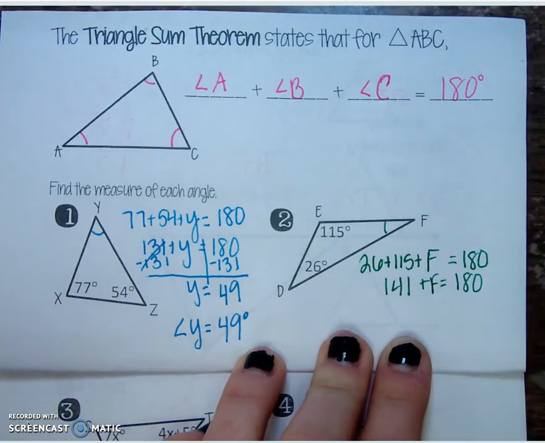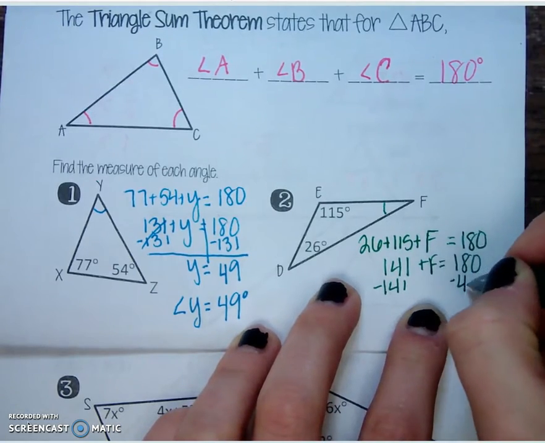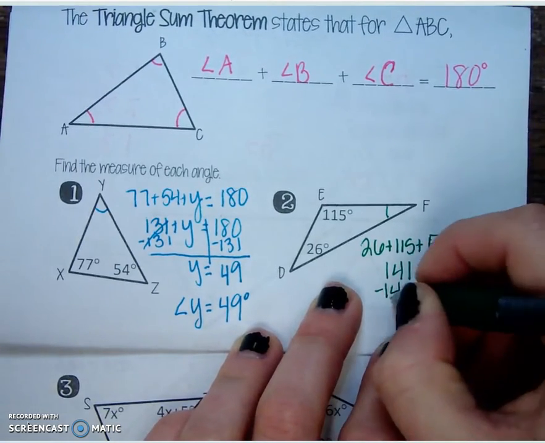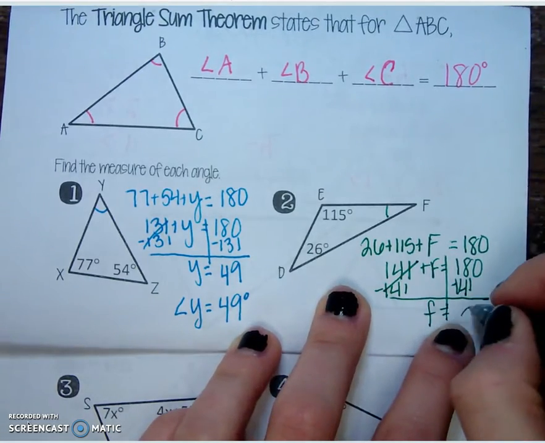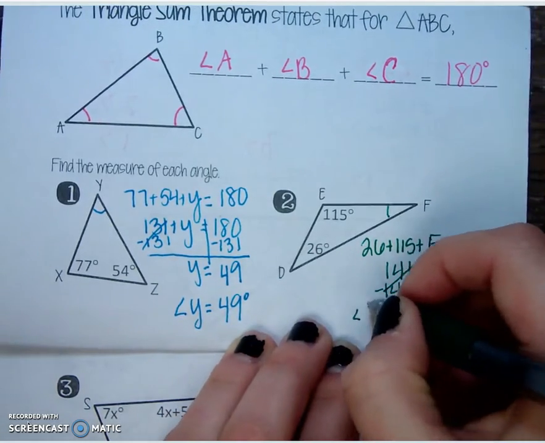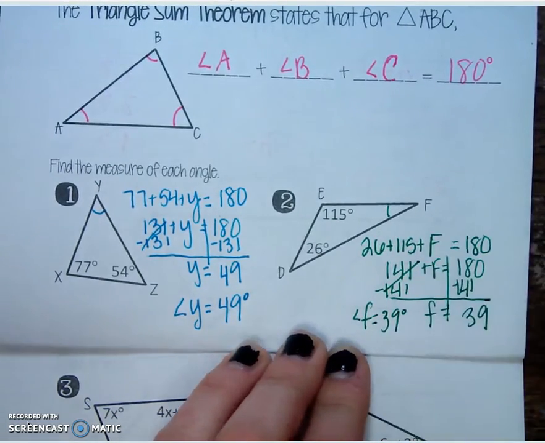Again, how do I solve for F? I'm going to subtract 141 from both sides. I'm left with F equals 39. So angle F is 39 degrees.